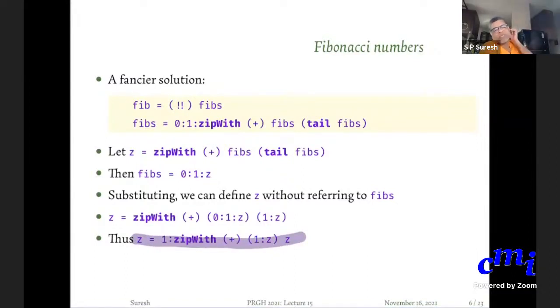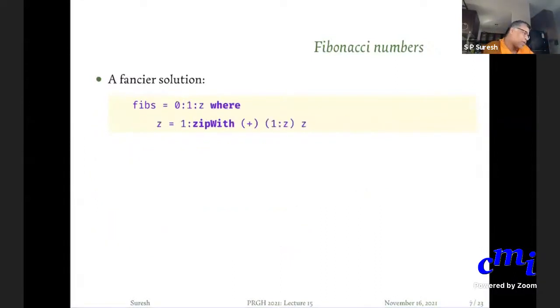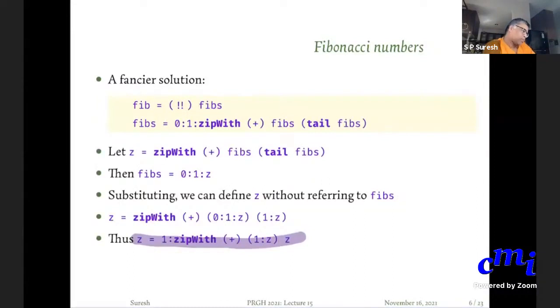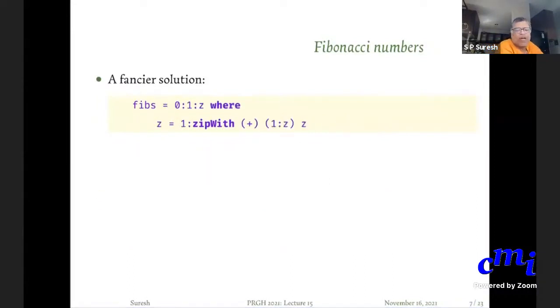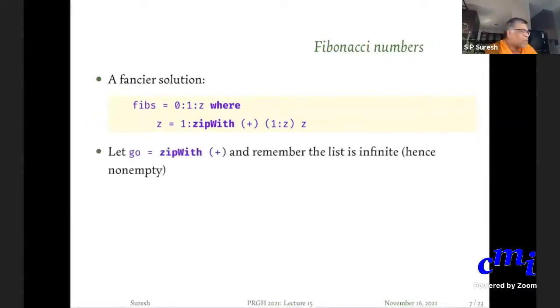And finally, fibs is 0:1:z, and z itself is this definition. So instead of writing fibs in terms of fibs itself, I can write it in two steps. Fibs is nothing but 0:1:z, where z is 1: zipWith of plus on 1:z and z. Now, for the purposes of illustration, I'll also recall what zipWith is.